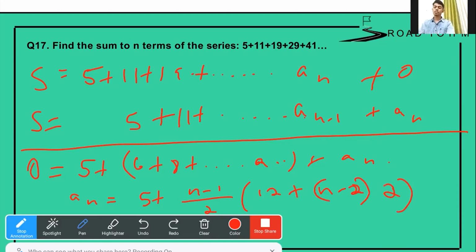Now the rest of the part you can do by yourself, because in the previous question too, what we had done was sigma AN to find this sum. So if we have the nth term, we can just execute those three formulae to figure out this sum.